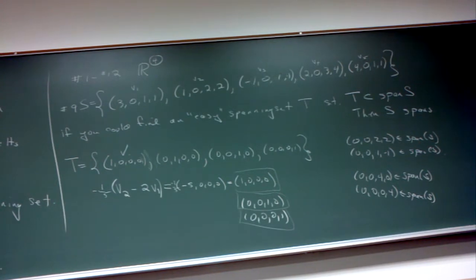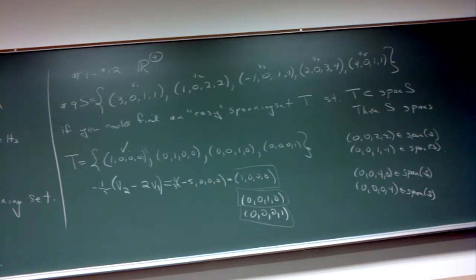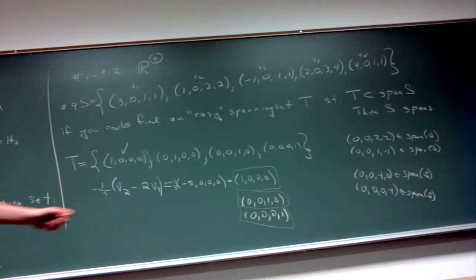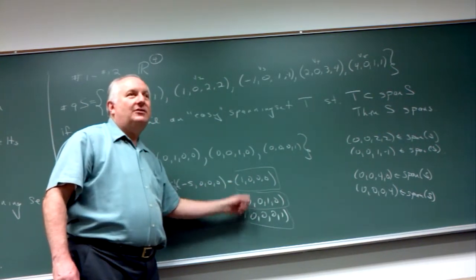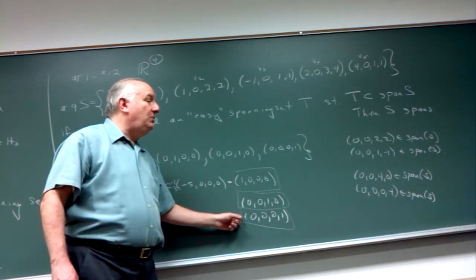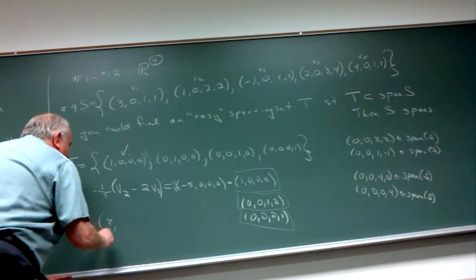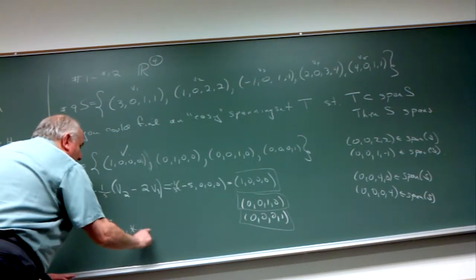And now, there might be something you might have observed 10 minutes ago. So if I'm looking at this, this, and this are all in the span of S. So the span of S is going to contain everything in the form: anything you want in the first slot, anything you want in the third slot, anything you want in the fourth slot.